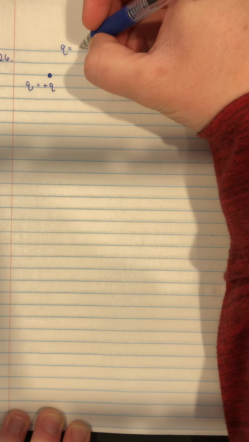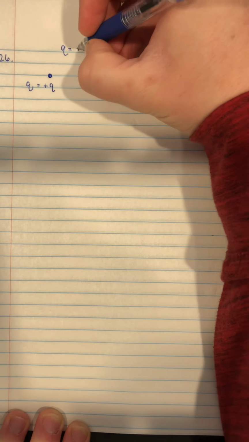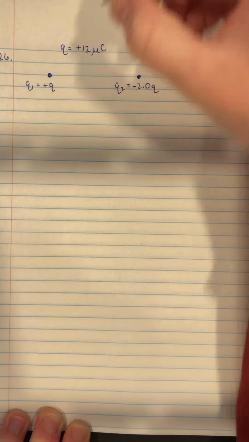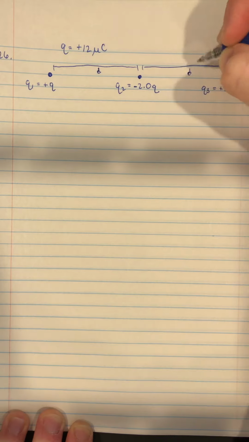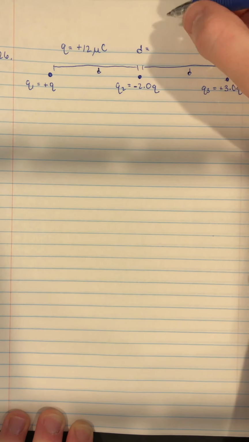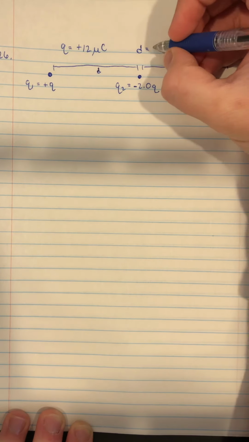And Q, it tells us, is equal to positive 12 microcoulombs. And each of them is separated by a distance D. And D is equal to 16 centimeters.